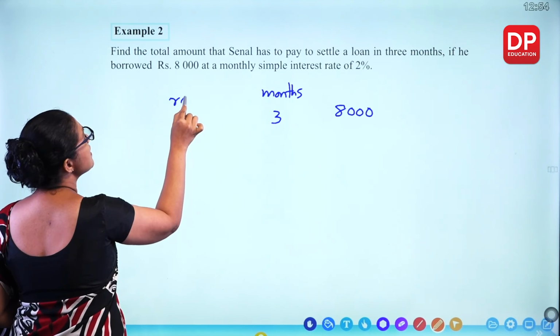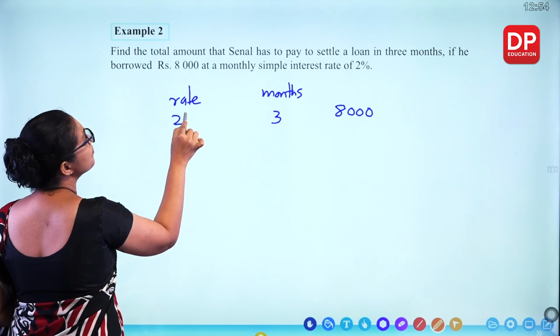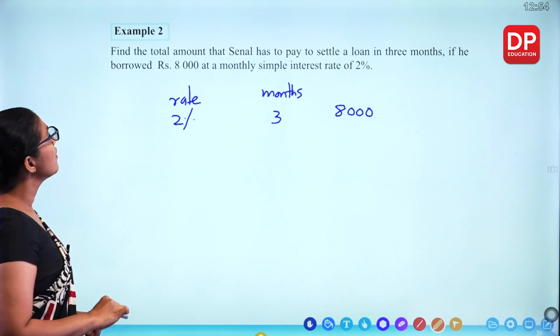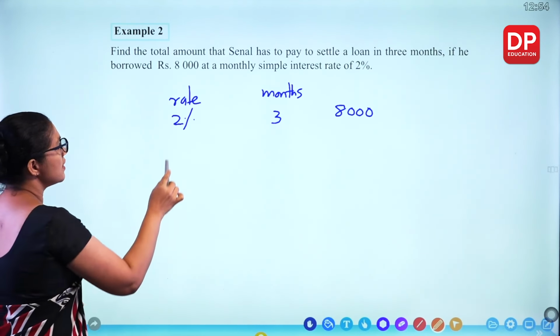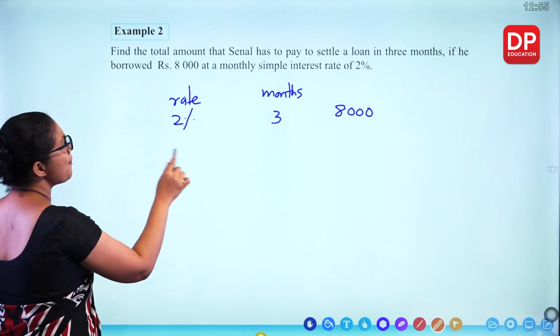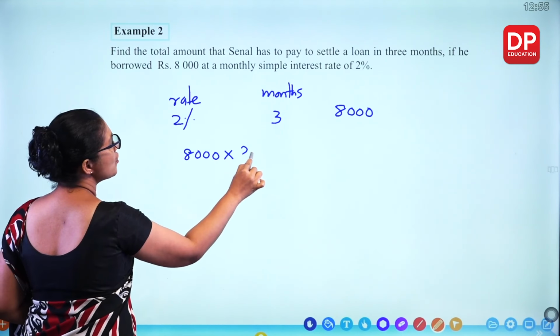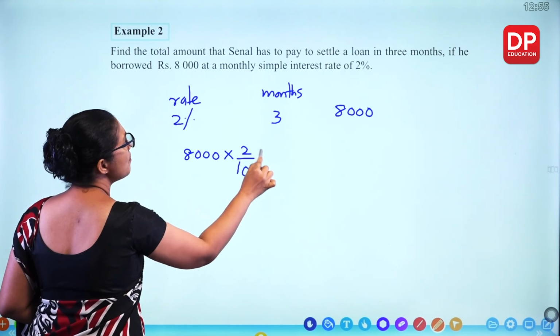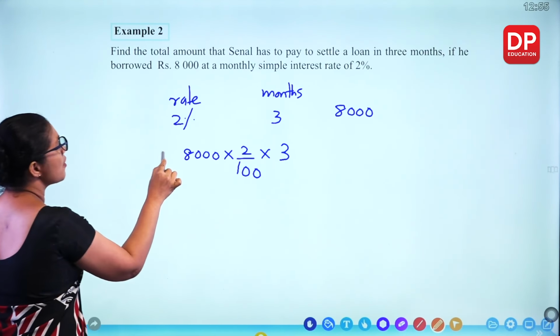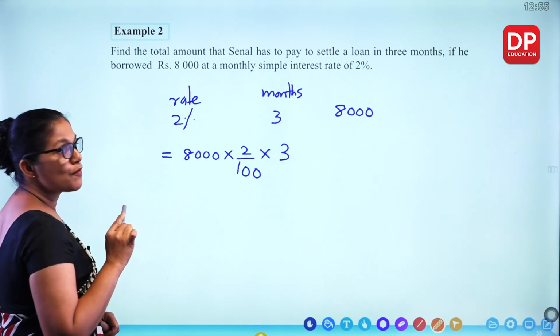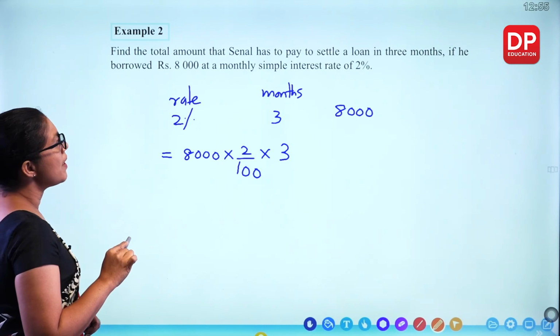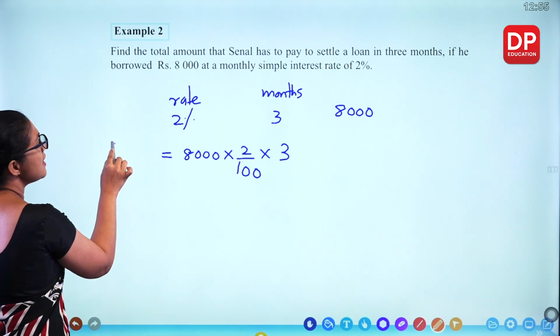So the rate is given monthly. What's the total amount that Senal has to pay? 8,000 multiplied by 2% of that value multiplied by 3, because it's for 3 months. This is the interest.